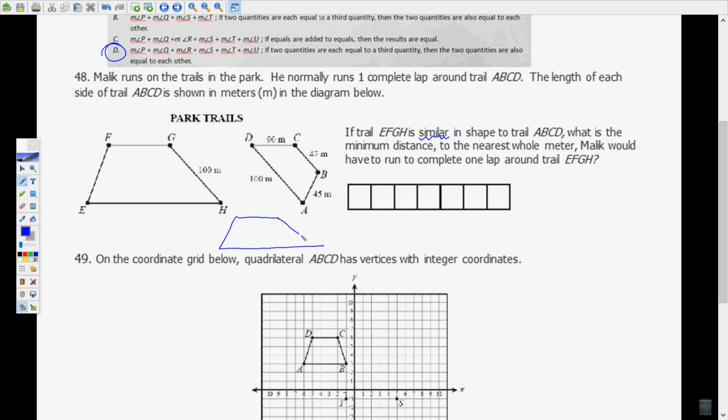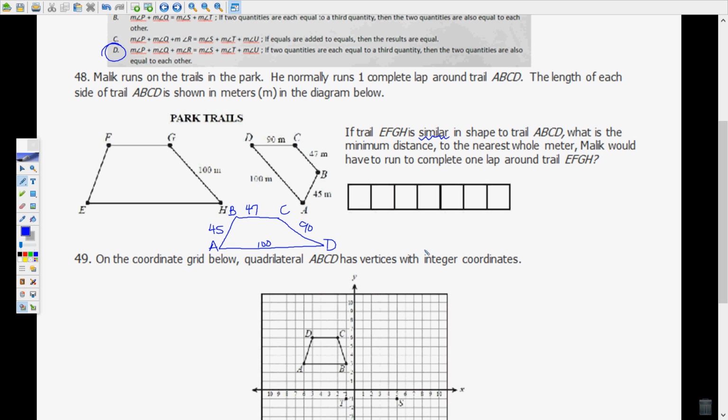Now this isn't going to be perfect or pretty, but the B matches up with the F. I should have started with A. The A matches up with the E, the B with the F, and the C with the D. So I turned mine around so I could get a better perspective of what matches with what. And from up here, the BC is 47, CD is 90, the AD is 100, and the AB is 45.